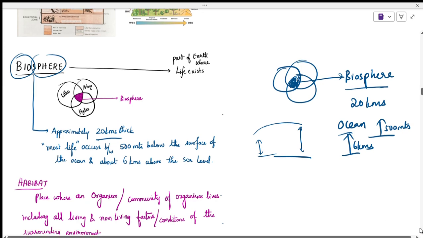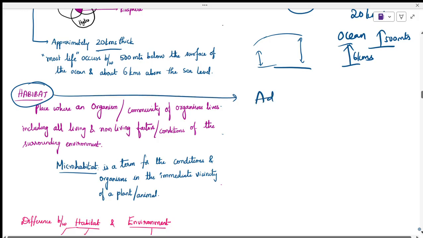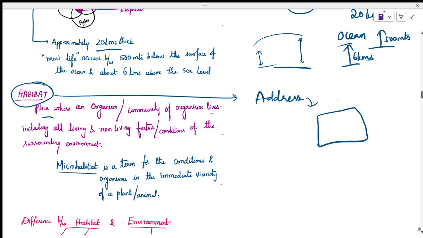Then habitat. Habitat is nothing but address of a living organism. It is the place where a living organism or community of organisms lives, including all non-living and living factors. For example, your home. Just concentrate, you will be confusing with the next word called niche.